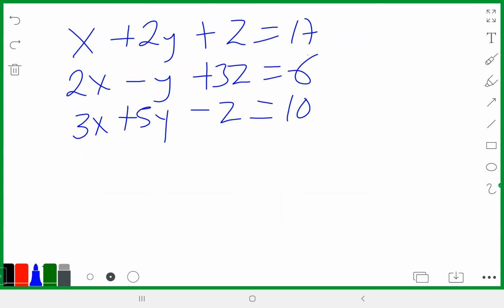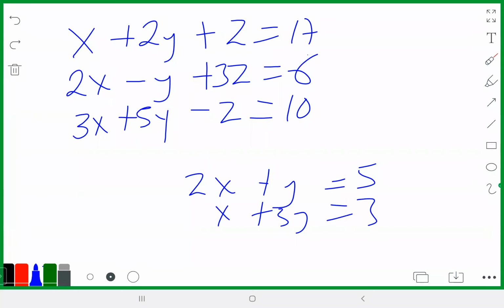Most of the time we were given just two equations with only two variables, maybe 2x plus y equal to 5, and x plus 3y equal to 3.